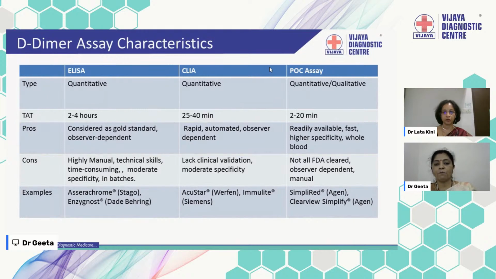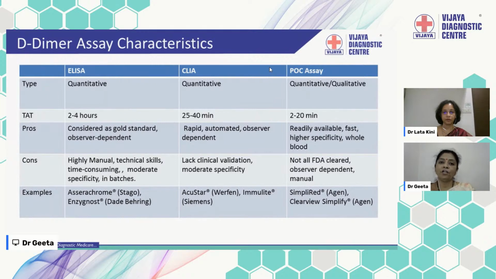Amongst the quantitative types, we have different methodologies consisting of ELISA, CLIA or immunoturbidimetry, and point of care assays. The ELISA methodology has a TAT of 2 to 4 hours and has to be run batch-wise. It is mechanical, laborious, and requires a lot of skill.